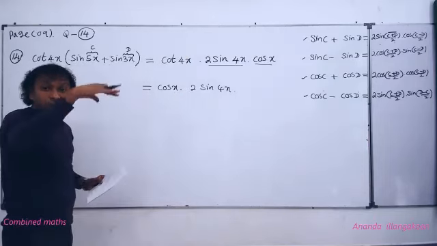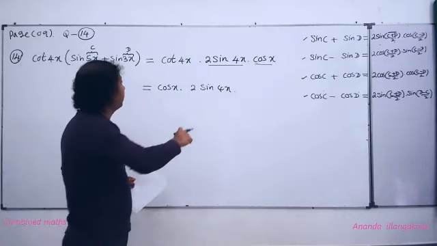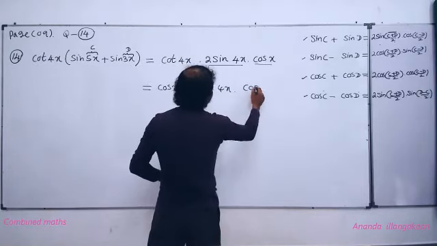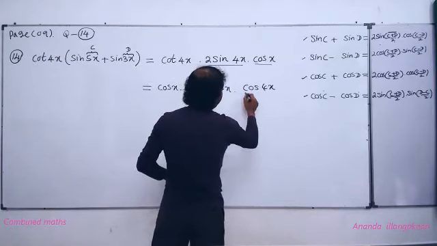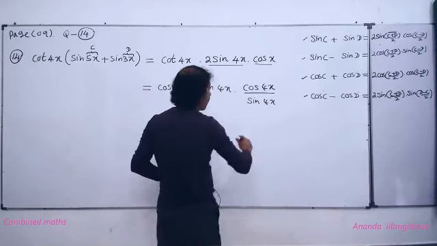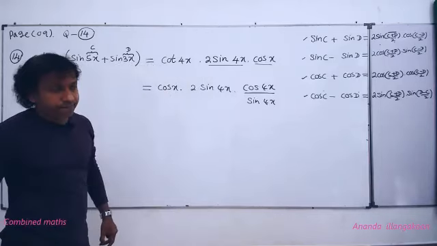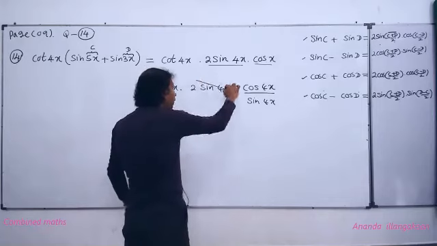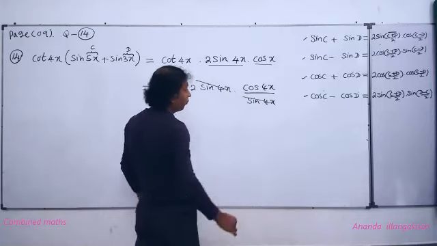Cot means cos divided by sin. Then cot 4x I can write as cos 4x divided by sin 4x. Then you know this sin 4x we can cancel with this sin 4x.